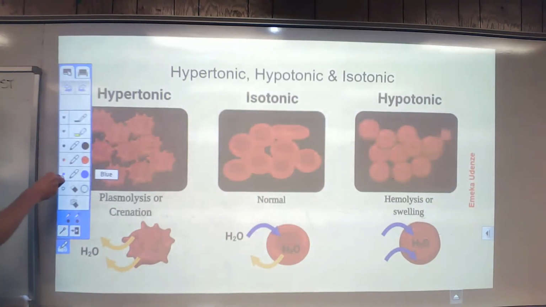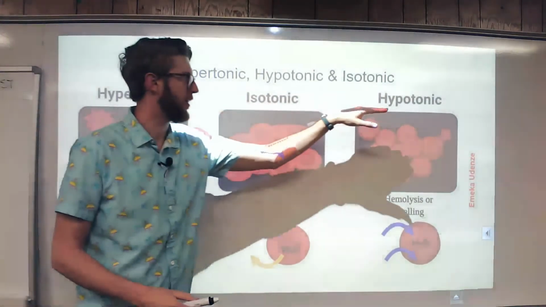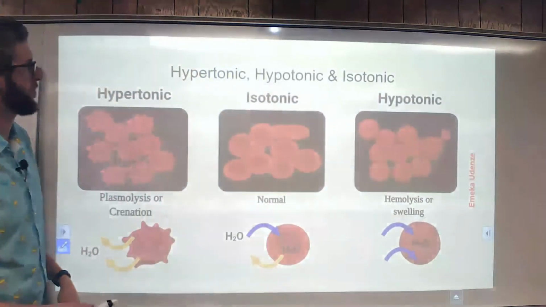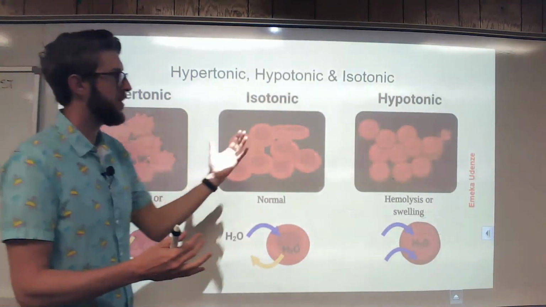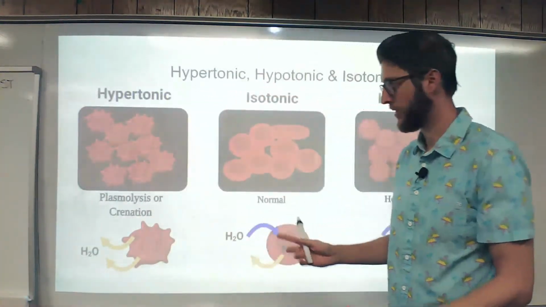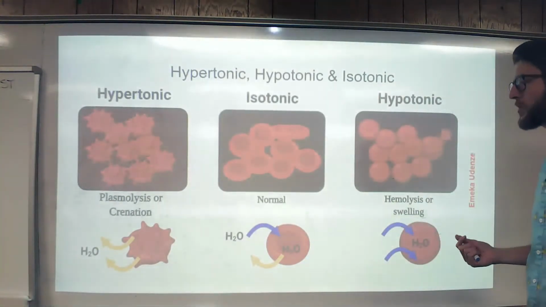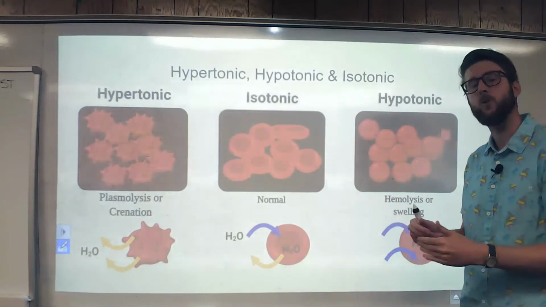Okay. So there's what we call hypertonic, isotonic, and hypotonic. And basically, the difference between these three is which direction is water going? Is water going into the cell? Is water going out of the cell? Or is water not going into or out of the cell?